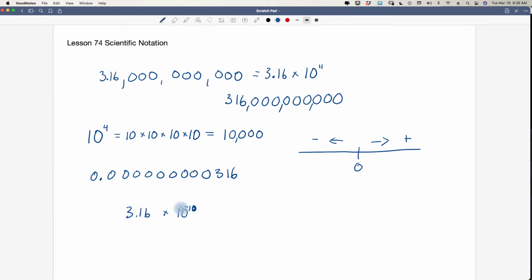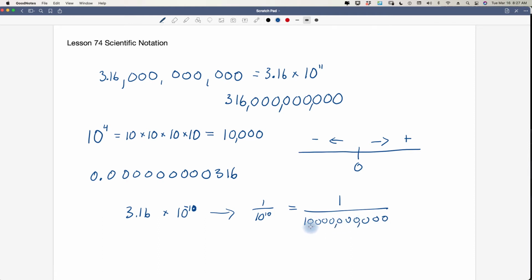We know how negative exponents work. Negative exponents means you do this, right? That's what this equals. Well, 10 to the 10th does equal 1 with 10 zeros. 1, 2, 3, 4, 5, 6, 7, 8, 9, 10, right?